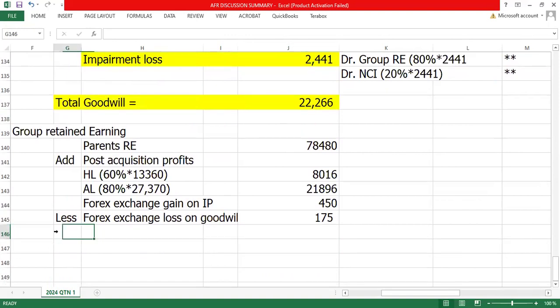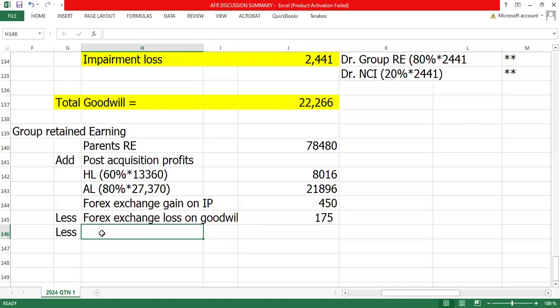What else? We had the intragroup transactions. Intergroup transactions, we had the one of 40. Intragroup transaction. So we are supposed to add or subtract.